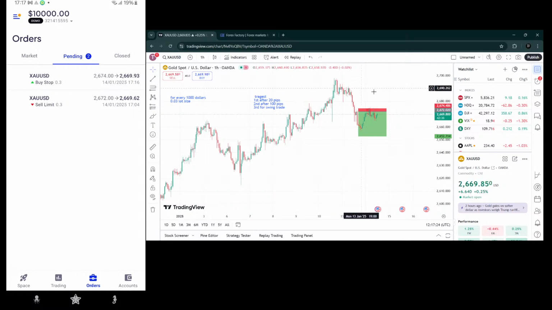If you want to go for the buy, the perfect buy is on 2650. But we will see what happens.